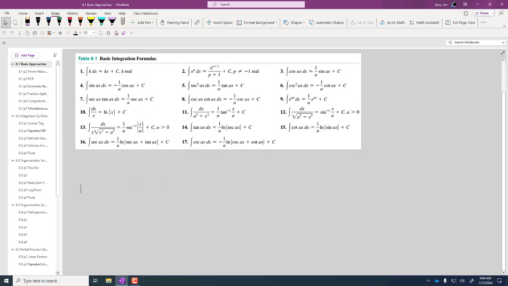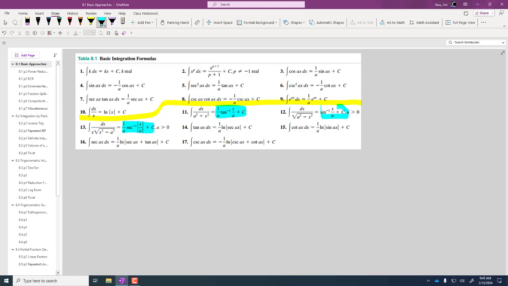So when we look at this, certainly from 10 and above, you should have those memorized really well by now. And then we've got our three inverse trig function ones. So we've got the one that integrates to inverse sine, secant, and tangent.